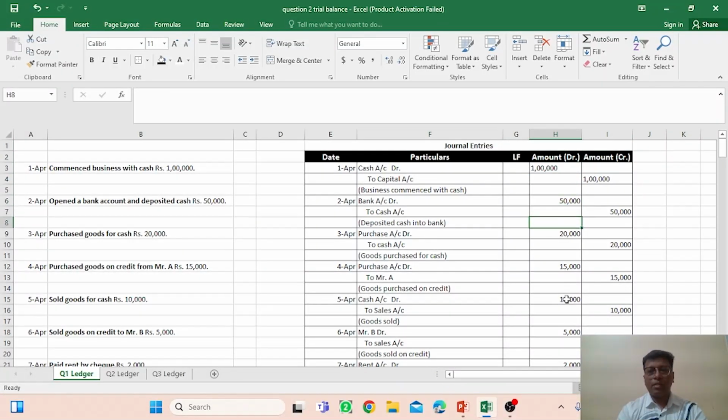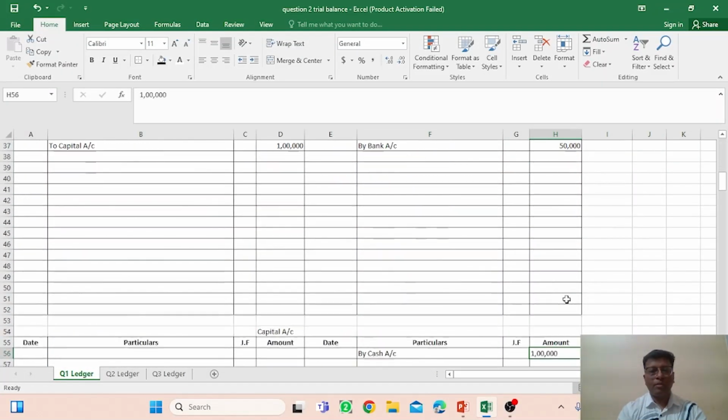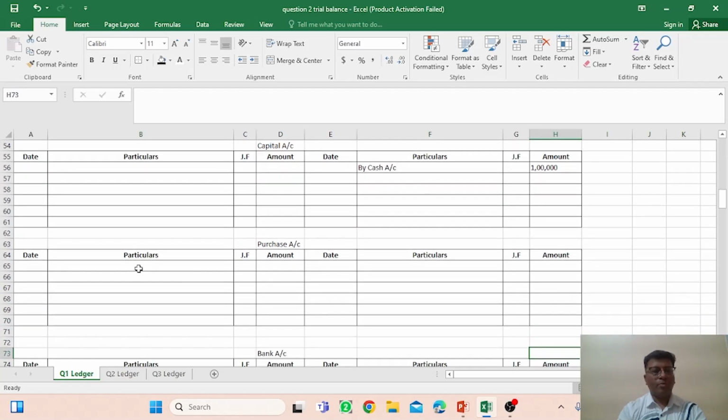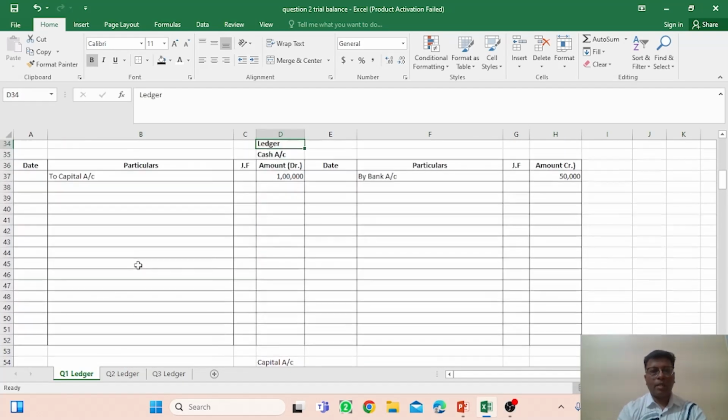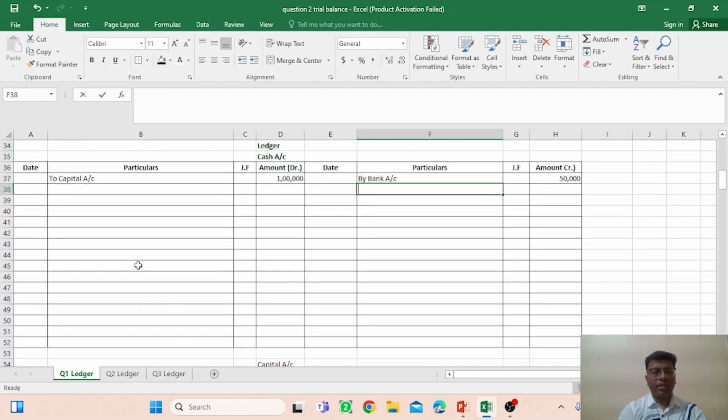And you see third transaction, that is purchase account debit to cash 20,000. So purchase account to cash account 20,000, and in the cash account credit side by purchase account, that is 20,000.